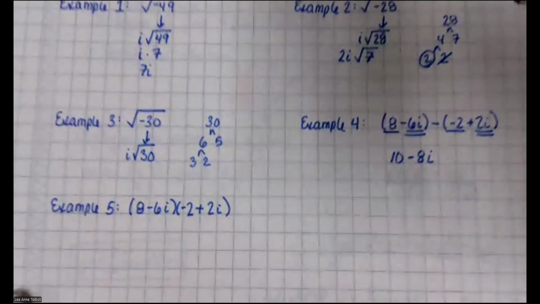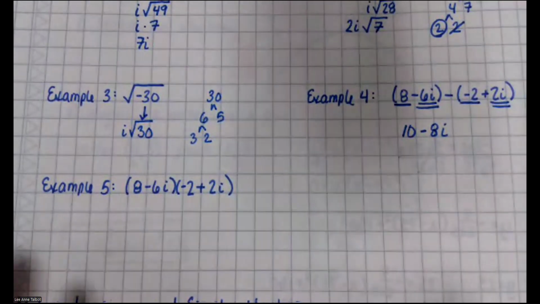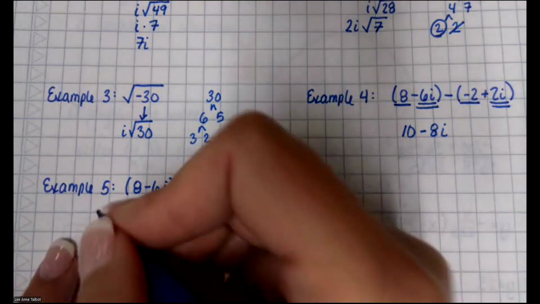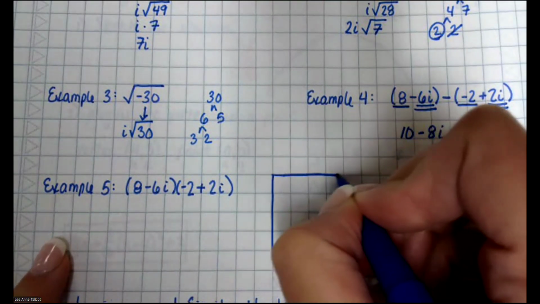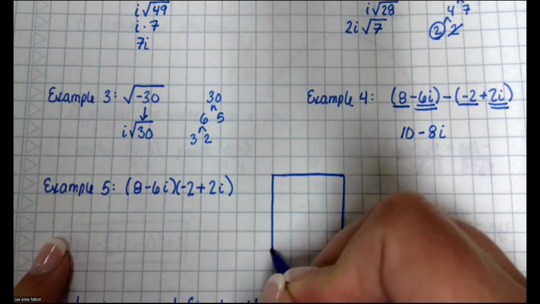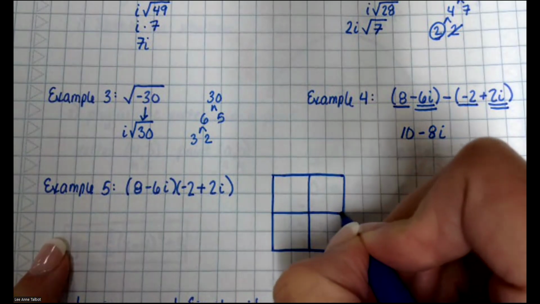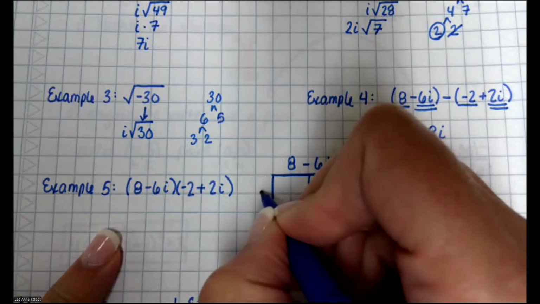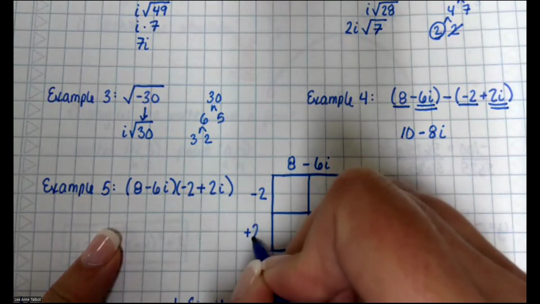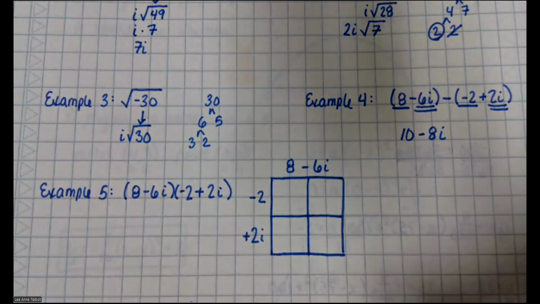Okay, however, number 5, please stop talking, please. Number 5 is multiplication, so we need to do a box. See how I use the same numbers to try to trick you?